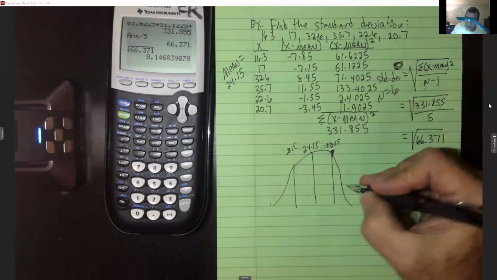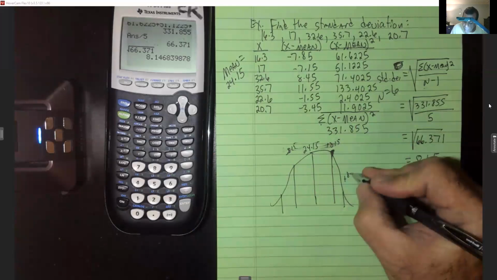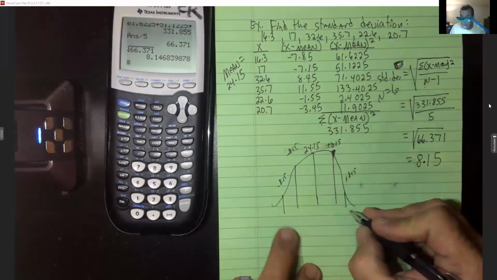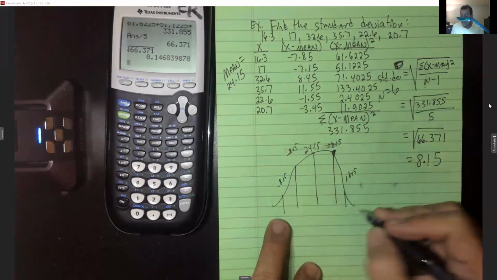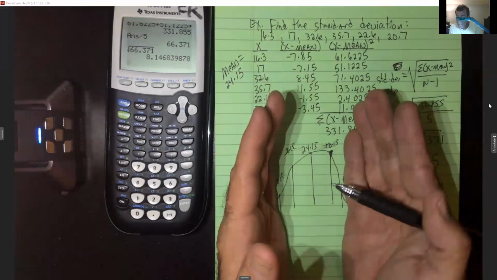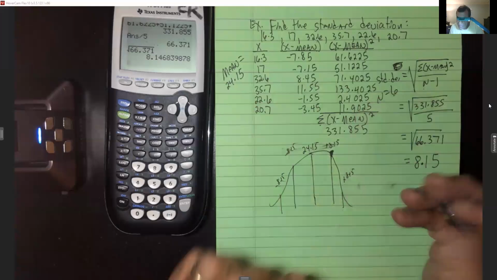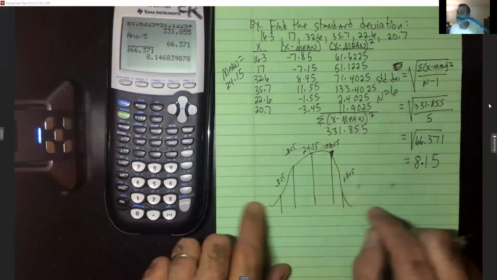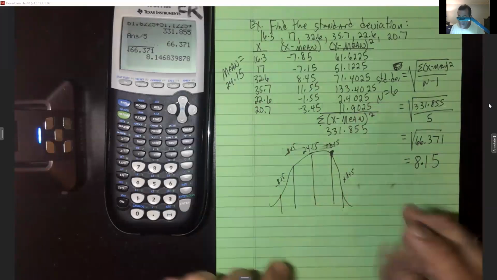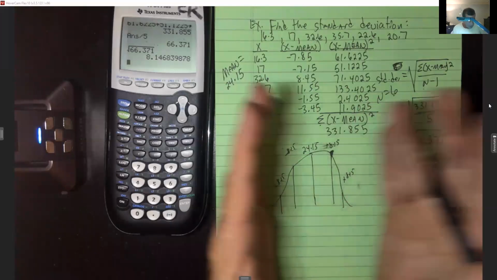If I went out another 8.15 on either side, that would be 2 standard deviations, and 95% of your data or so is within those 2 standard deviations. Anything outside here is almost like an outlier. It very seldom happens, okay? So about 5% has a chance of being outside that range.